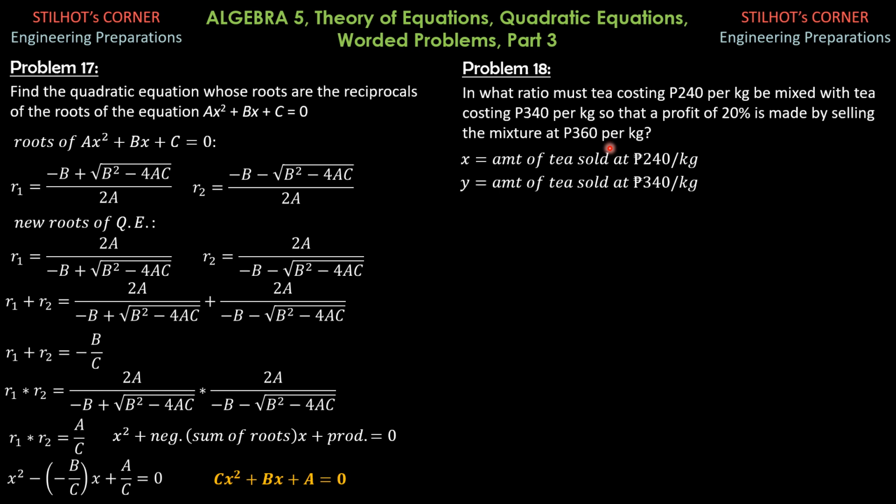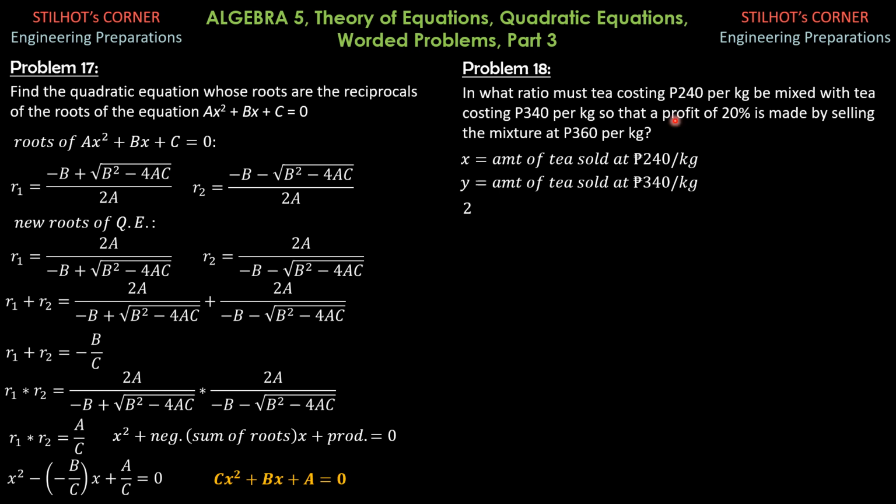We will call the price P the price of the mixed tea without a profit, because without a profit, we just blend the two different teas, and it should be equated to the resulting price without a profit times x plus y, because that's the principle.